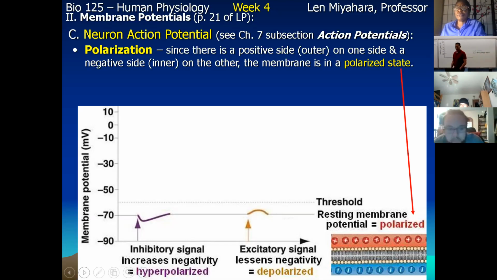And you can see it in the graph. But before we get there, let's talk about this term polarized, because that is actually the equivalent of this. We will call this polarized.